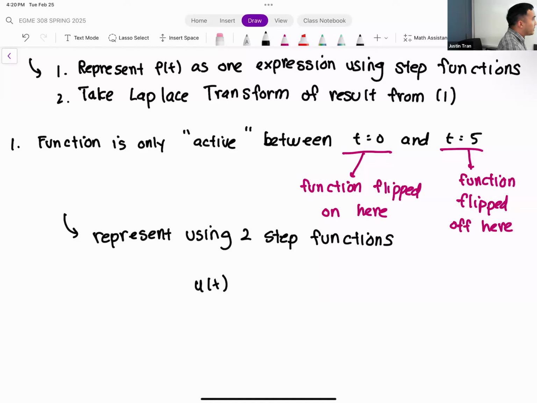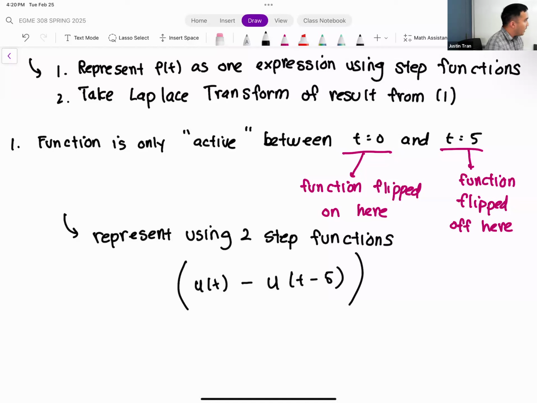And then to turn it off at t equal to 5, we're going to subtract another step function, but this one's going to be delayed. It's going to be a step function that's offset by 5. So the factor that we have here is u of t minus 5.